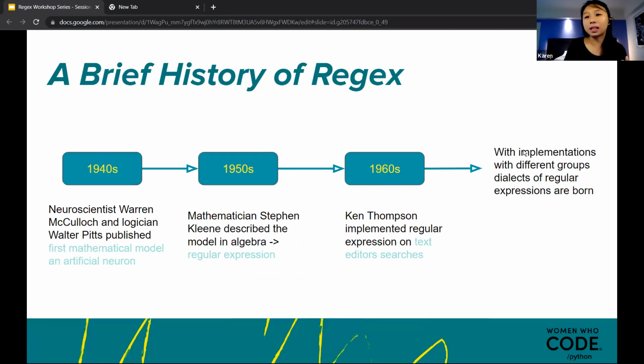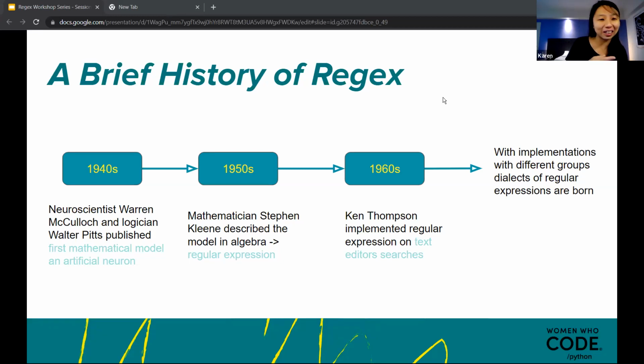Okay, a little bit of history. Just a little history of why regex is regex, because regular expressions have a lot of different forms. I want to give everyone a little background on why regex is what it is nowadays and why there are so many forms. Back in the 1940s, like I said, you had to be very special to touch a computer.